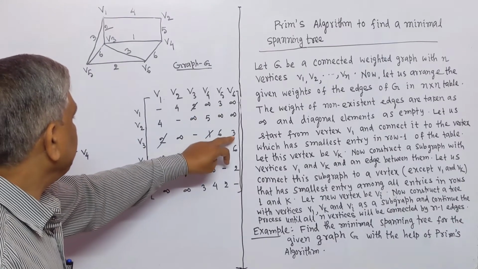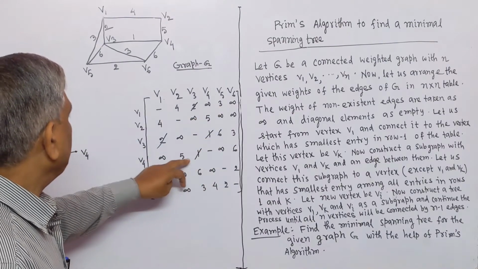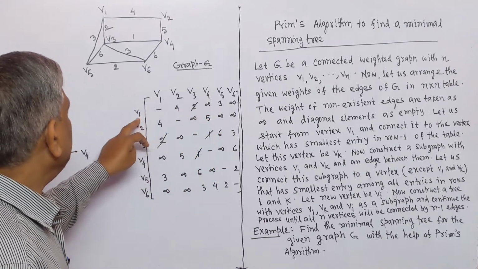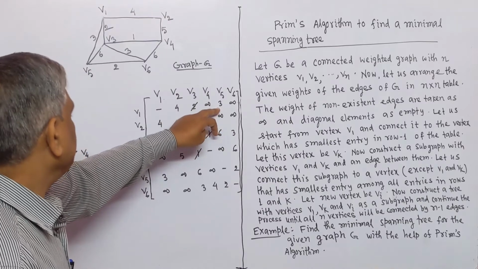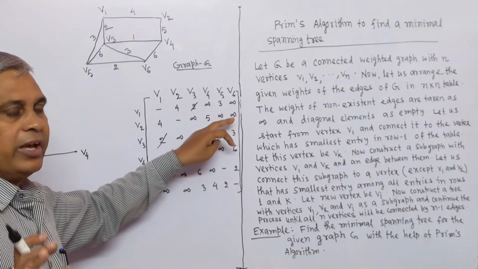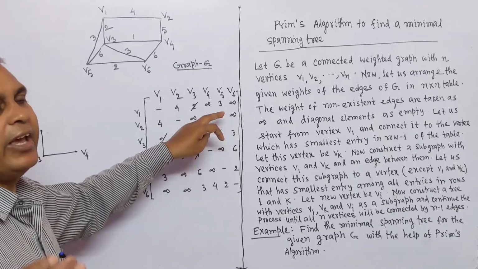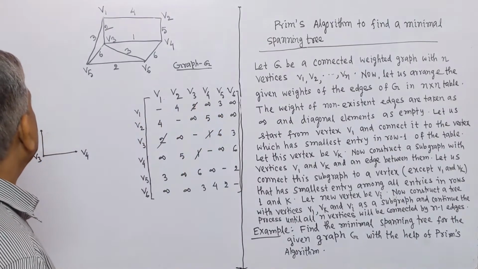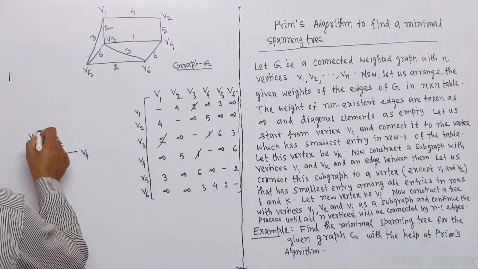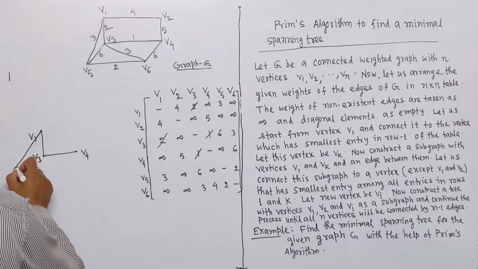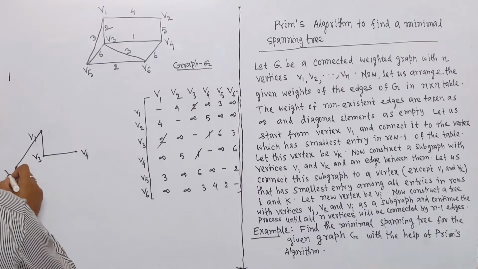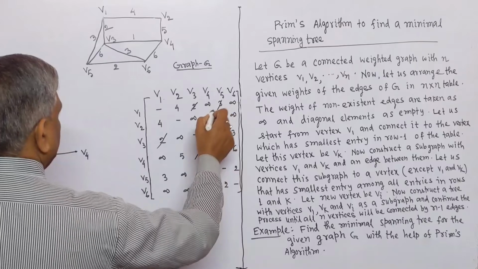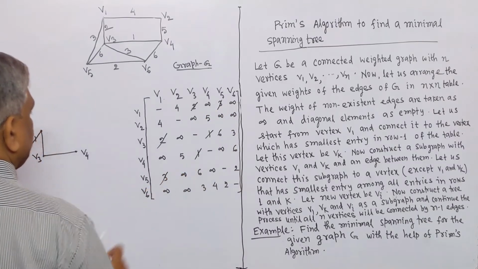Here also 3. So 3 is the smallest weight. We may take V1, V5 first. Since here we get a tie, we may choose either number. Here V1, V5. We cancel V1, V5, 3, and V5, V1 is also cancelled.